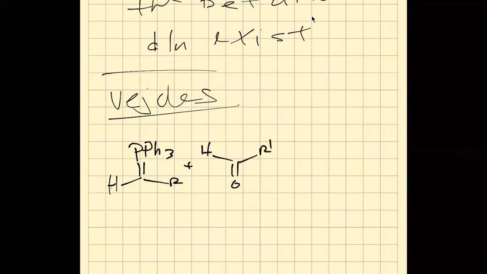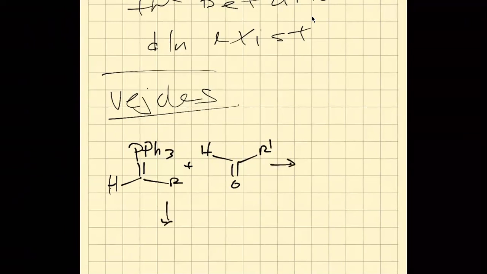If you notice, first, he's not even proposing attack followed by cyclization. What he's proposing is direct cyclization from the ylide, not the zwitterion where the carbon is negative and the phosphorus is positive, but directly from the ylide, right? So from here, there are basically two pathways that this can follow, right?